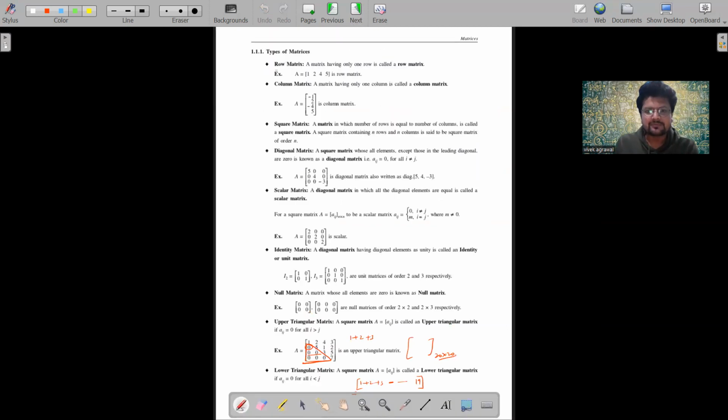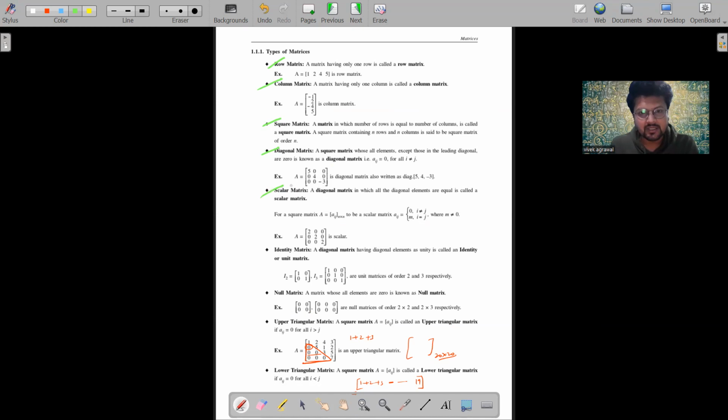Then we did types of matrices. Row matrix, in which we have only one row; column matrix, in which we have only one column; rows can be any number. Square matrix, in which rows and columns are equal. Diagonal matrix, in which diagonal elements are non-zero and other elements are zero.